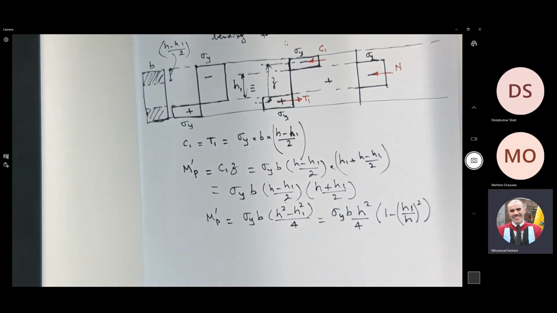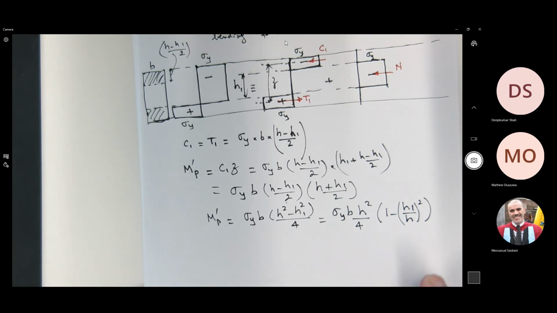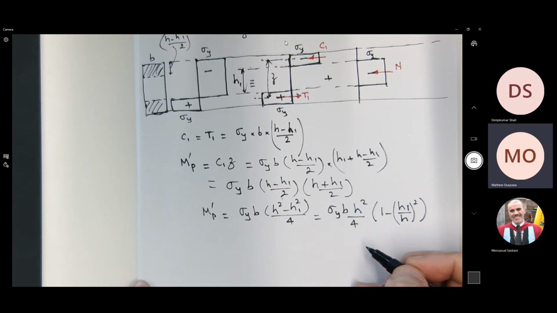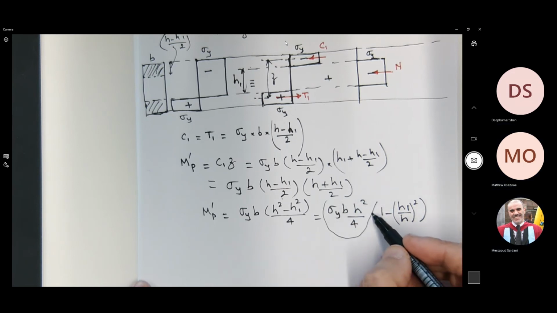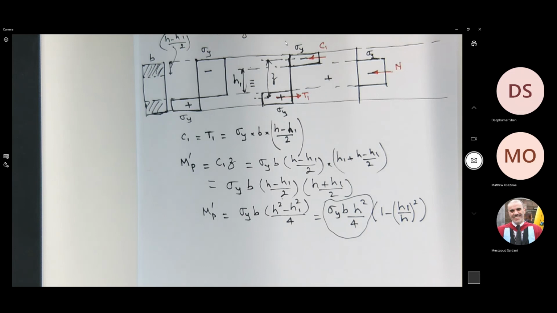Is that clear? So what do we do now? Do you remember this? What's this here? Look at your notes from the first week.